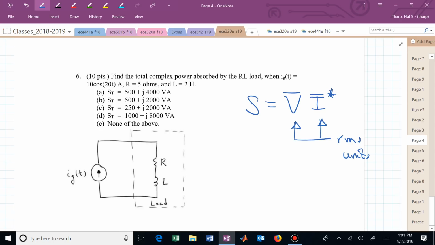And here's where students will traditionally get hung up. What's I sub G in this case? I sub G is this current source, so we are given the current flowing through this R and L, the resistor and the inductor. But don't go too fast, because this formula is assuming you have units that are in RMS.